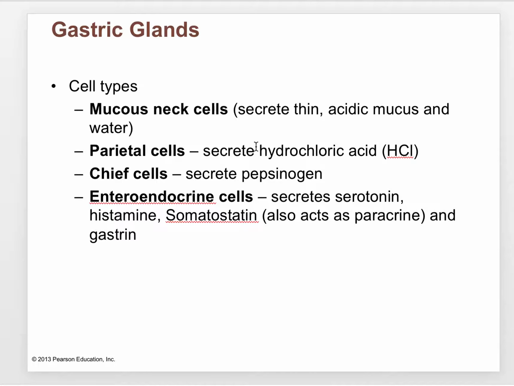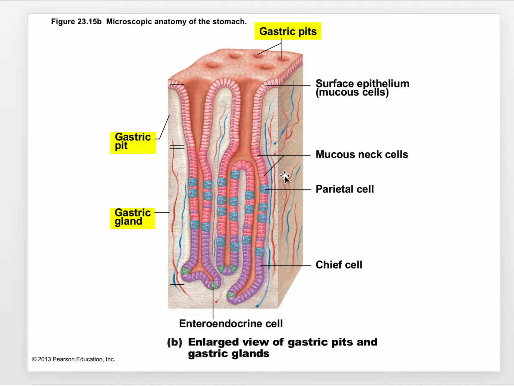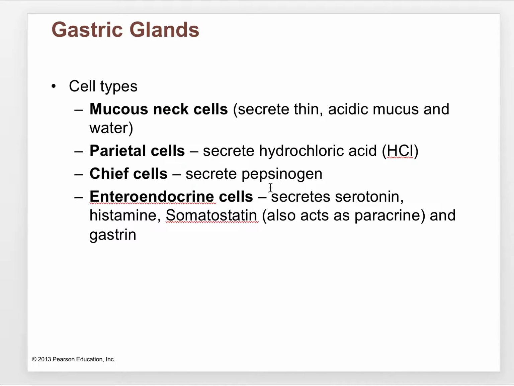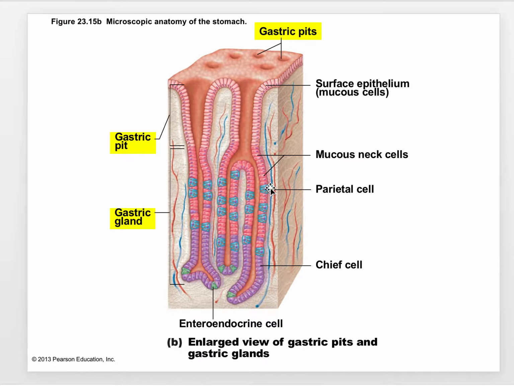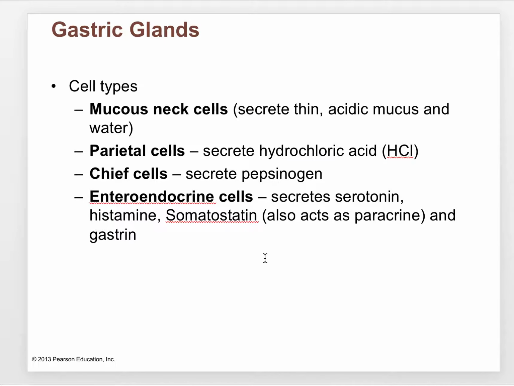The parietal cells, here's a parietal cell, secrete hydrochloric acid. Chief cells, here's a chief cell down here, produce pepsinogen. Pepsinogen is an enzyme that digests proteins.